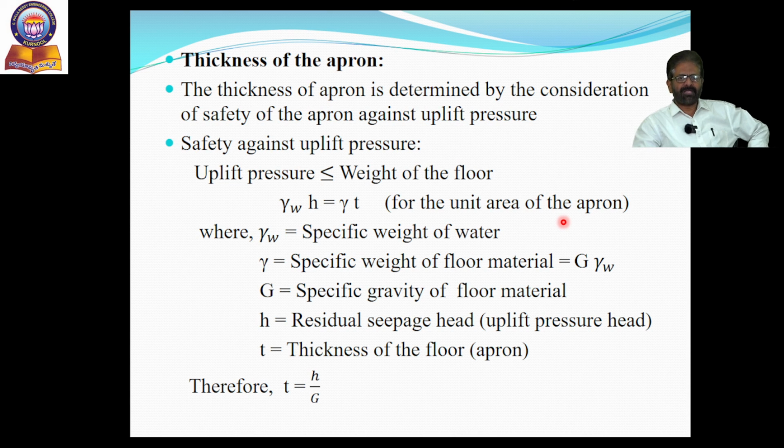It is convenient to express in terms of specific gravity, that is the relative density. It is always better to represent the specific weight of any material in terms of its specific gravity and specific weight of water. As you are all aware of the gamma W value, it can be converted in terms of specific weight of water.